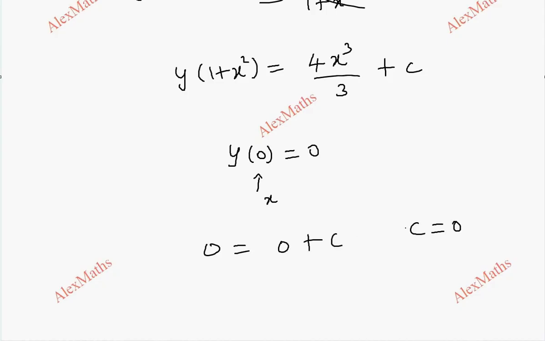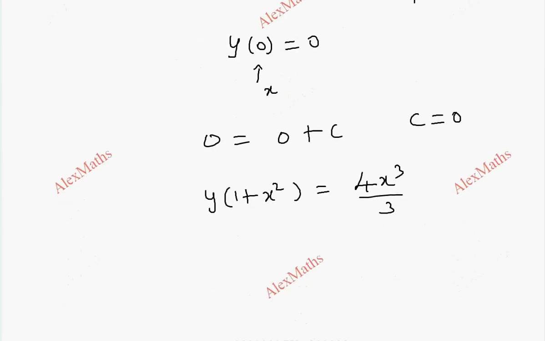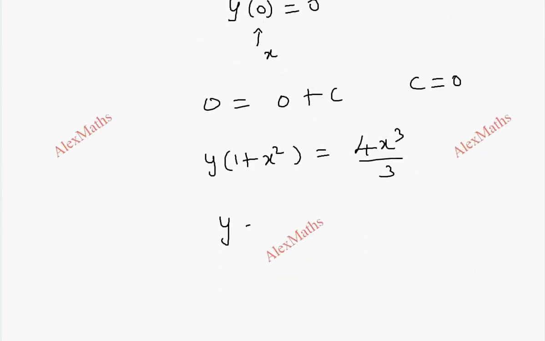When c is 0, using that here, we get y into 1 plus x square equal to 4x cube by 3. This is our solution. We can leave it like this, or we can carry this term to the other side. So y equals 4x cube by 3 into 1 plus x square. This is our required solution.